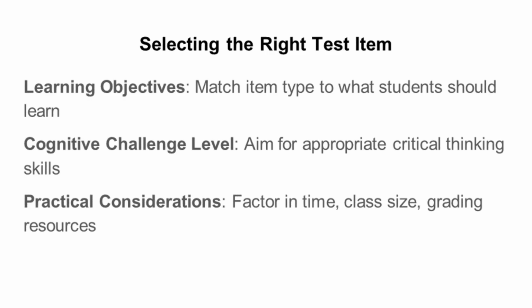What do you want the student to be able to do with the knowledge and skill? Cognitive level. Choose test items that require the appropriate level of critical thinking and align with the learning objective. Next is practical consideration. Factor in available time for grading, class size, and other logistic resources required for specific type of test.